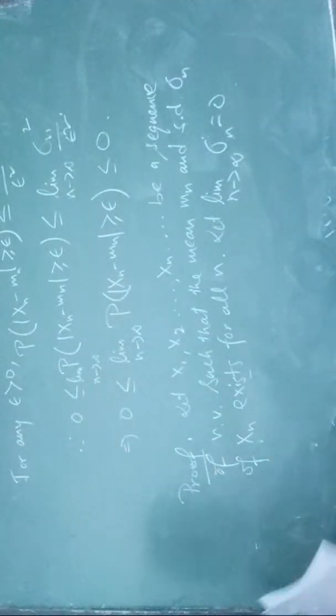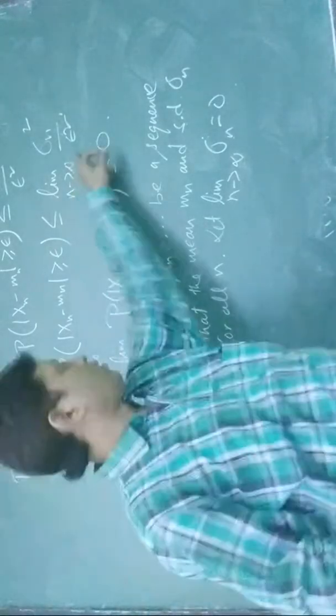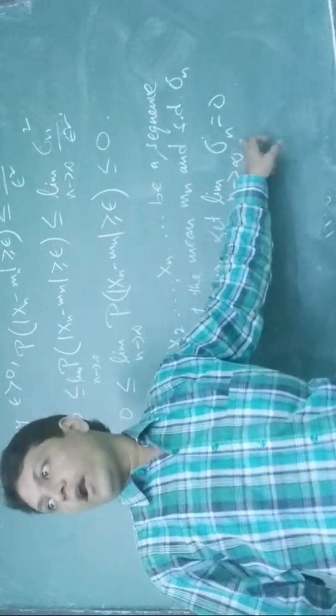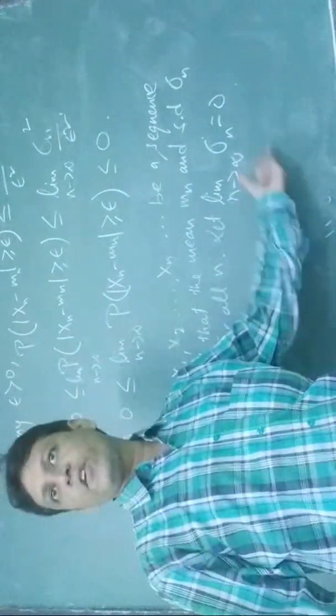Correct? This will be 0 according to this, because you are assuming that limit n goes to infinity, sigma n is 0.